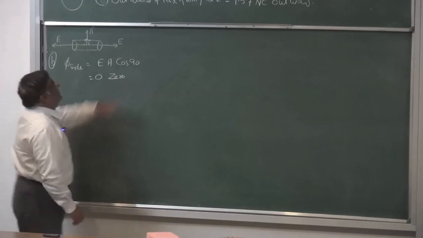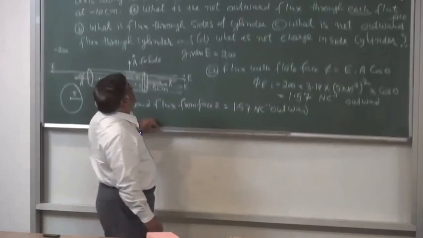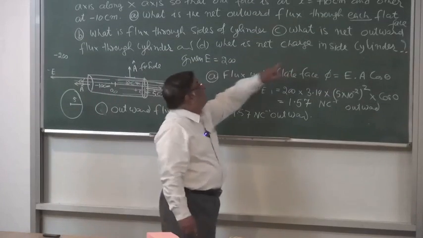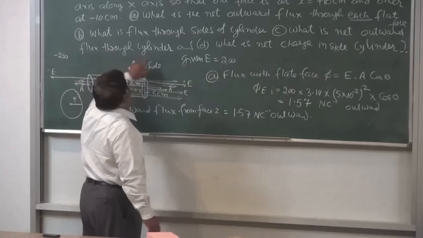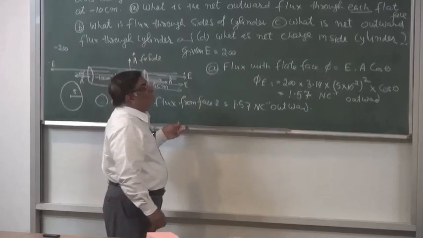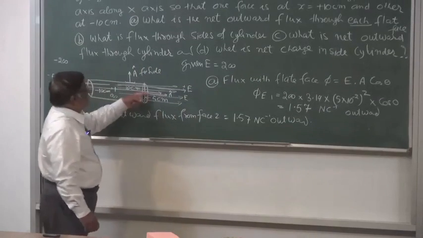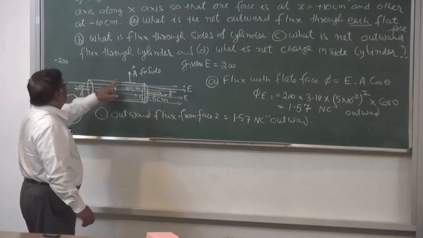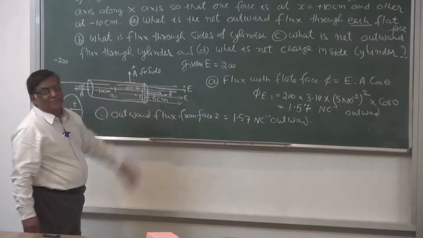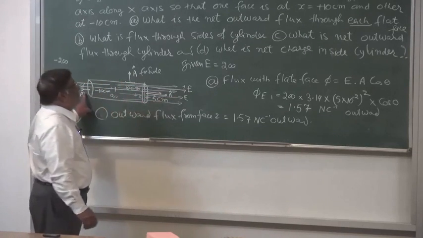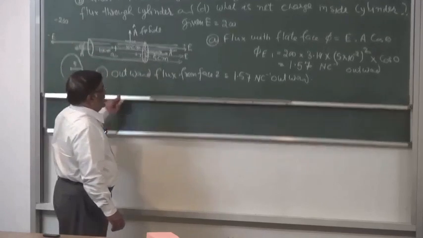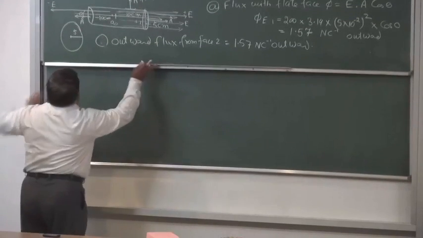This is B. Now C. What is the net outward flux through the cylinder? You have seen this is outward, and this outward is 0. So we have to take the sum of these.